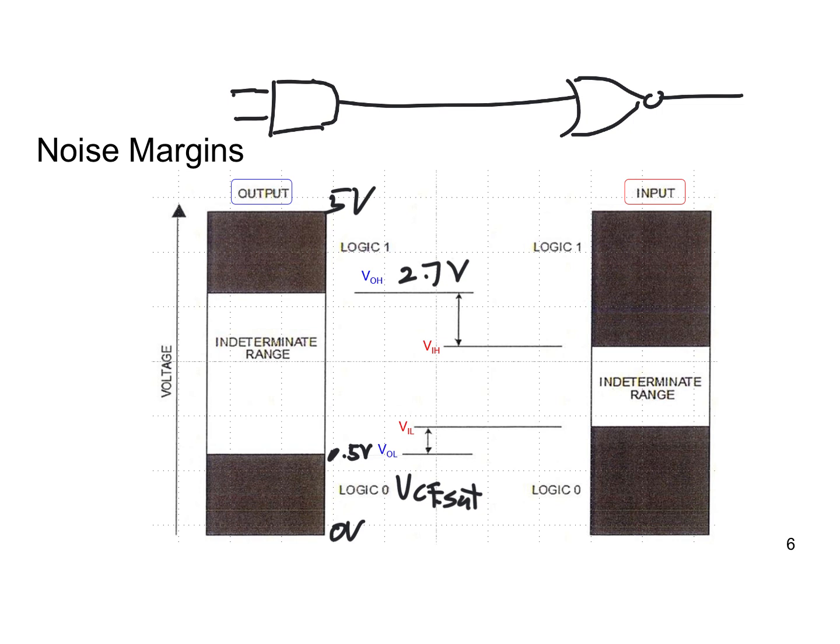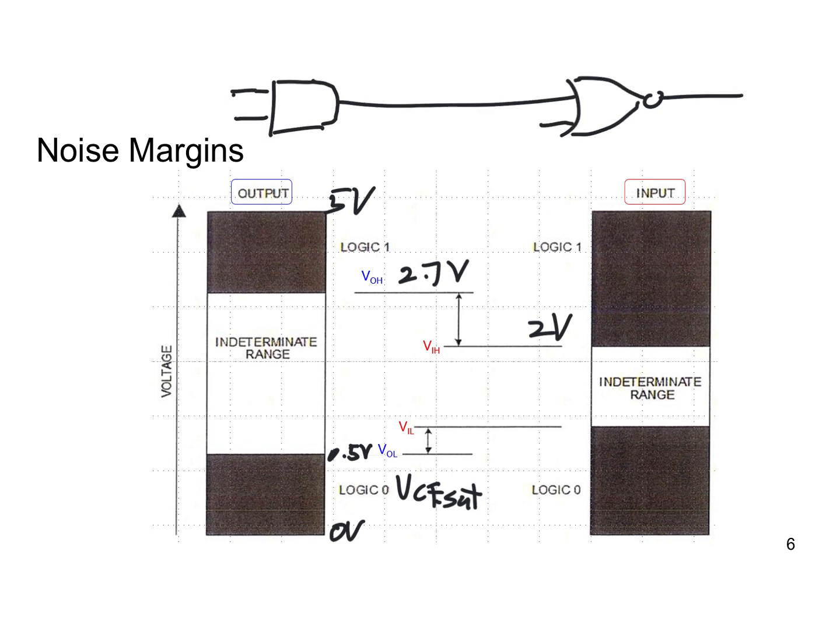VIH, okay, this is 2 volts. Notice that the manufacturer says that the output gate will have a worst case logic high output voltage of 2.7, but then on the receiving side, it says we'll actually take it down to 2 volts.